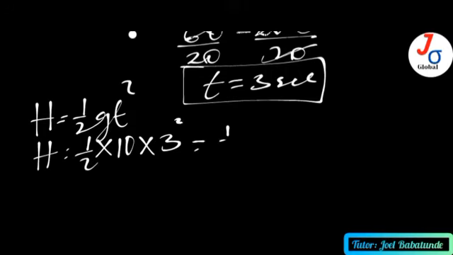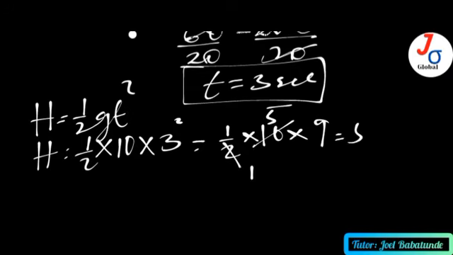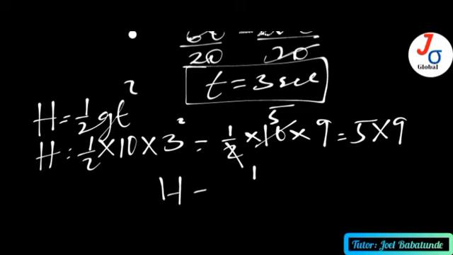That gives us half multiplied by 10 multiplied by 3 squared, which is 9. So 2 here, 1, 2 here, 5. So that's 5 multiplied by 9. What's 5 multiplied by 9? h equals 45 meters.